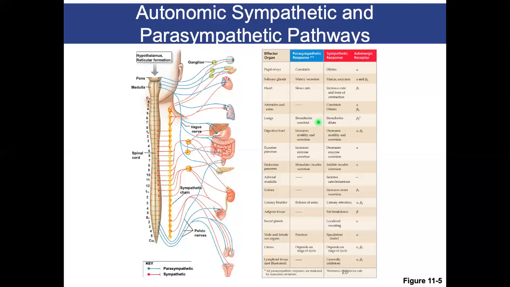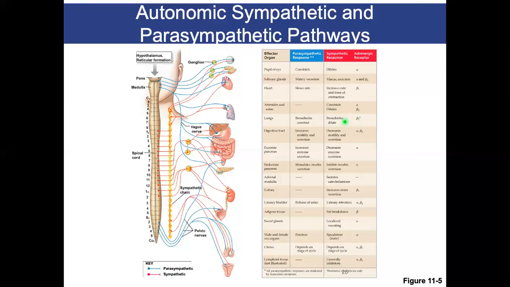So what's the treatment for that? They're actually going to inject you with an EpiPen, or you're going to give yourself an epi injection. How does that epi affect the lungs? That epi is going to bind to beta 2 adrenergic receptors and dilate those bronchioles or open up those airways so that you can actually breathe.